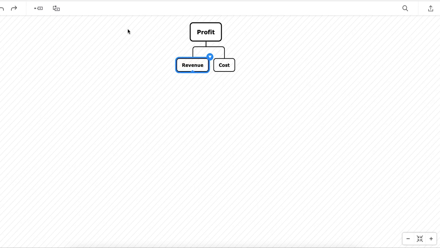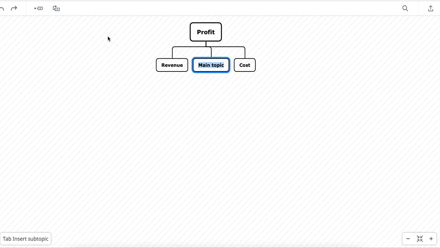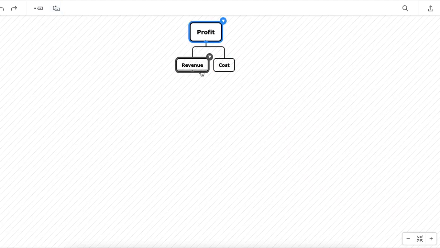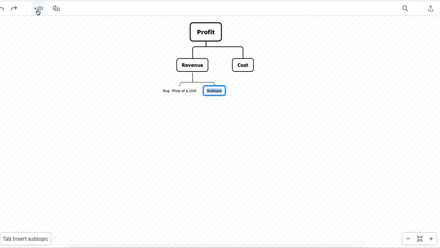So for revenue, we need two things: average price of a unit and volume sold.